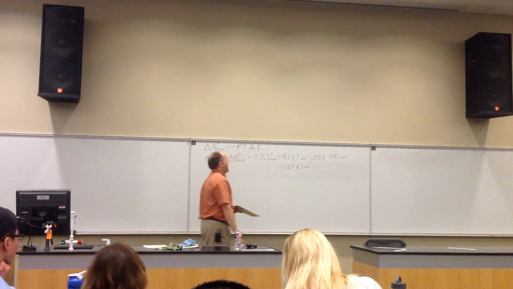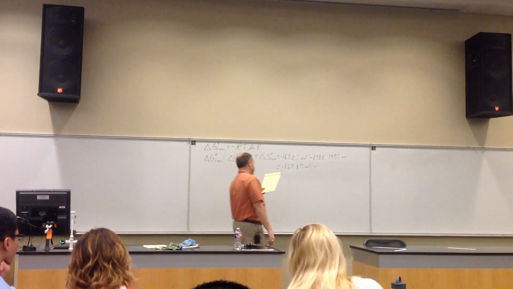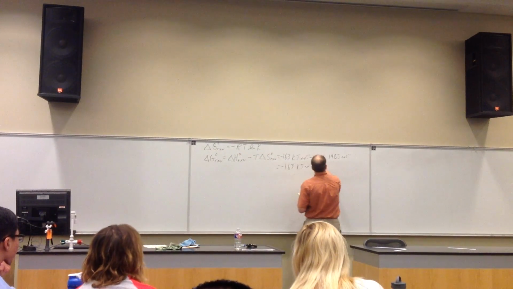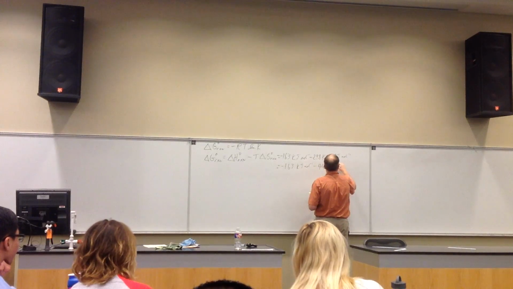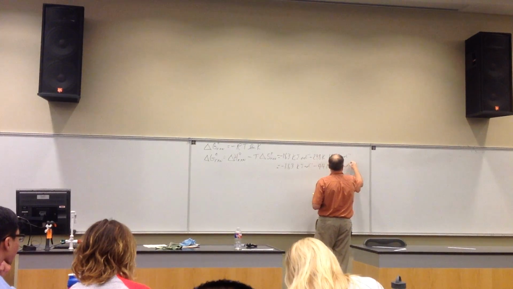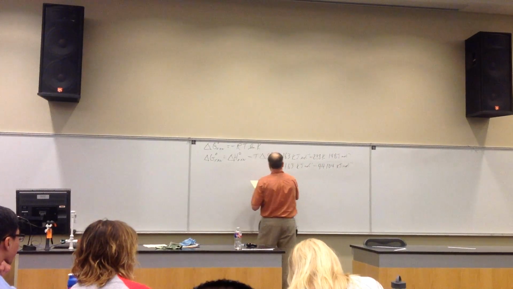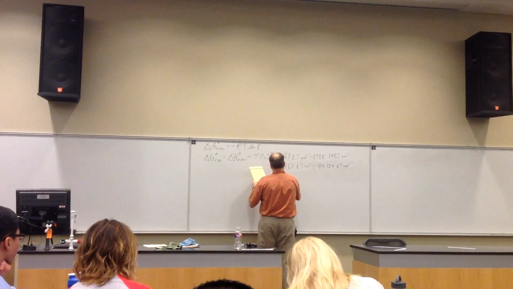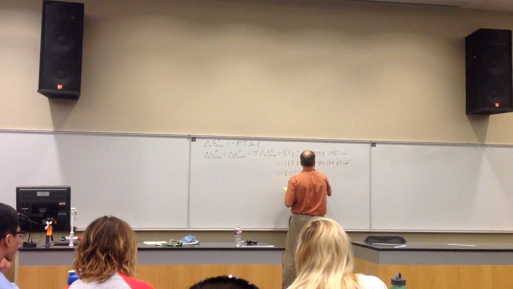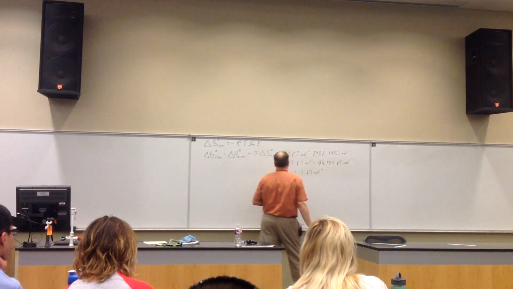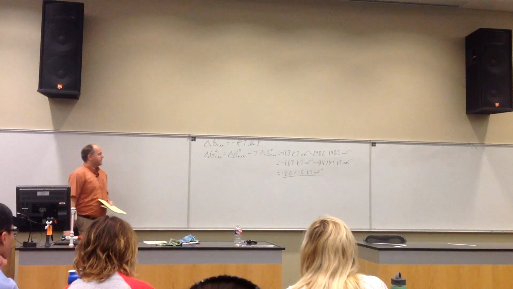Minus 298 times 148. That's like 300 times 150. It's going to be really, really big. This is going to be minus 44.104 kilojoules per mole. That tells me that my delta G0 is going to be minus 207.10 kilojoules per mole. Now, that tells me delta G0 for the reaction.